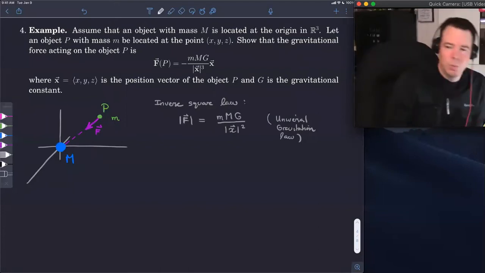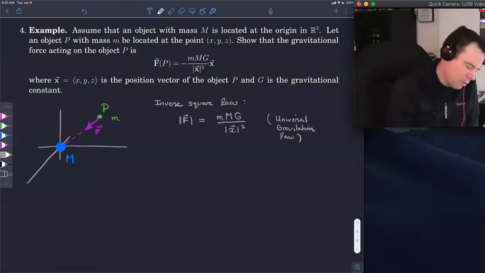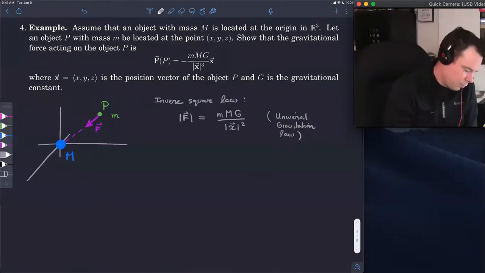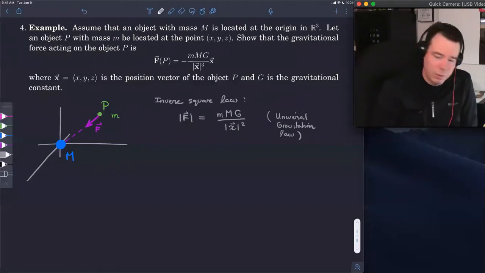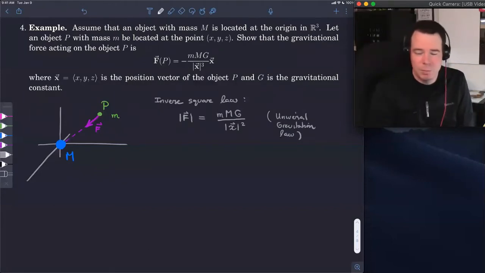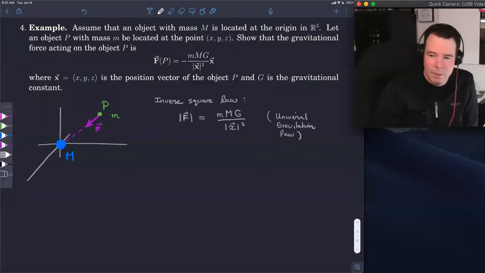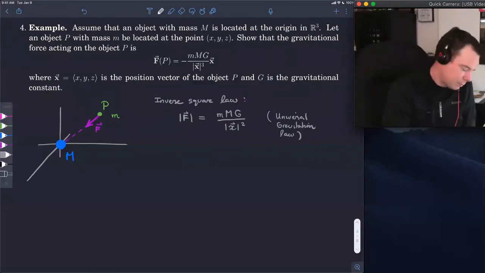So this will reduce to the gravitational force acting on an object at Earth's surface, but this is the universal gravitation law. This is between any two masses. This is how the gravitational forces behave.